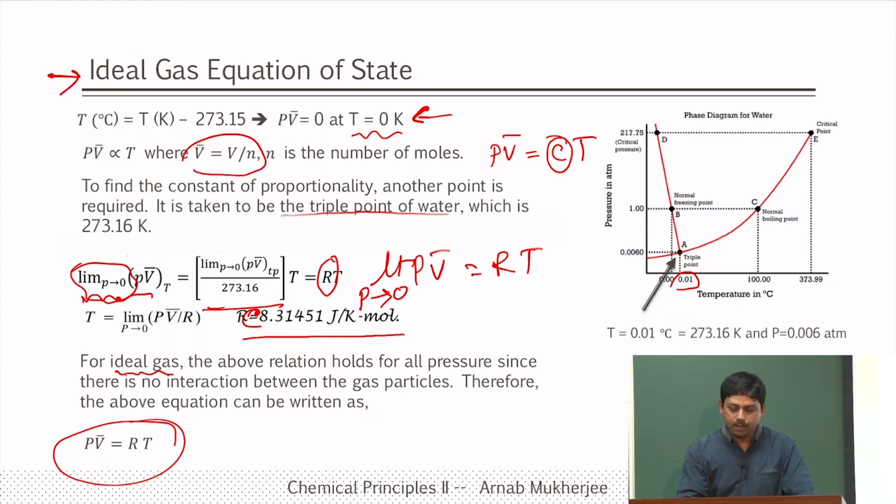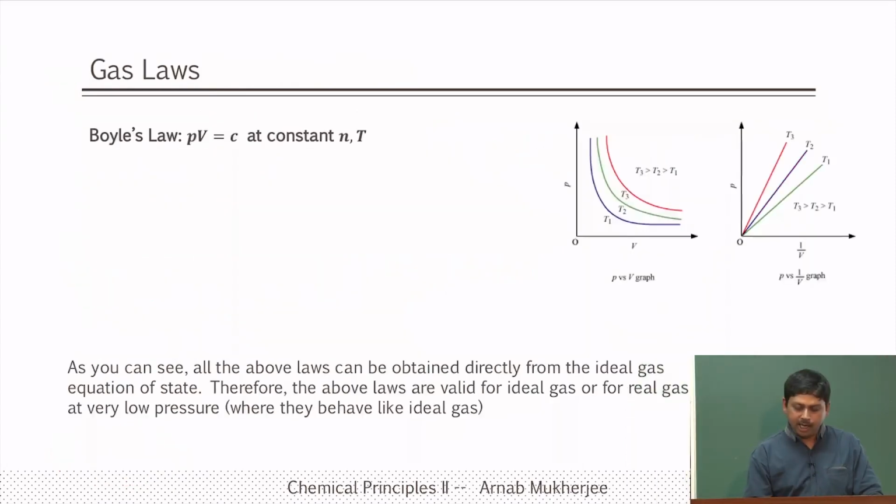So, the ideal gas equation of state basically can be an experimental observation from the limit of using the real gases at a dilute limit. This ideal gas equation of state also can be obtained from gas laws by Boyle, which said that PV equal to constant at constant number of moles and temperature.